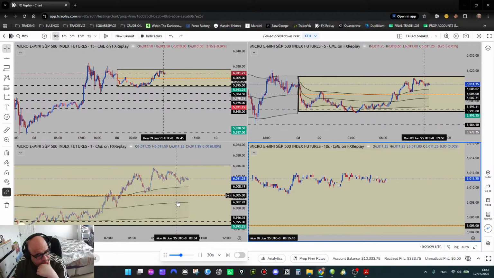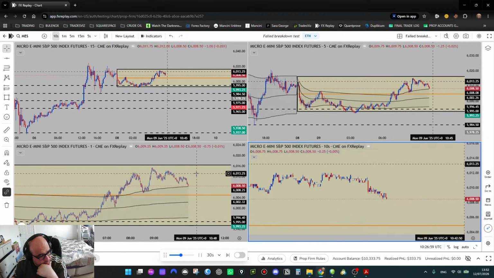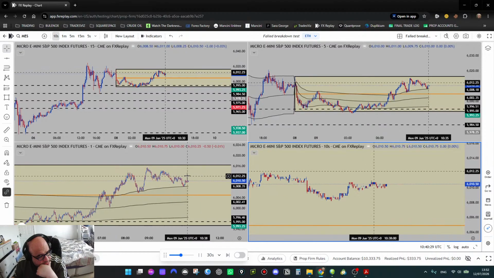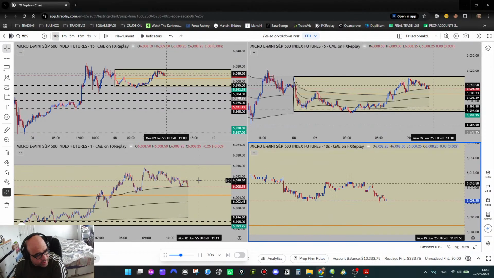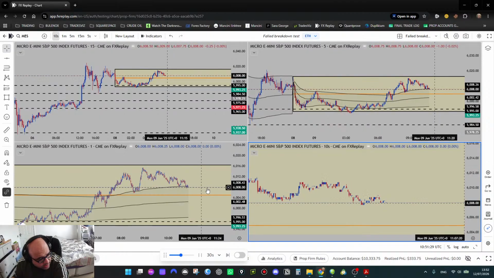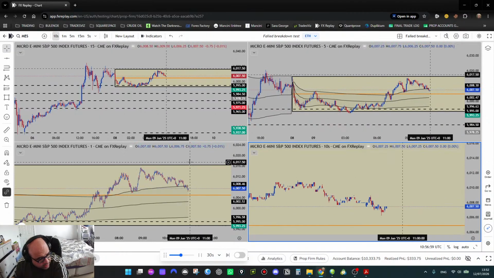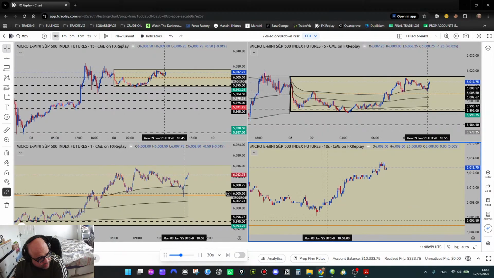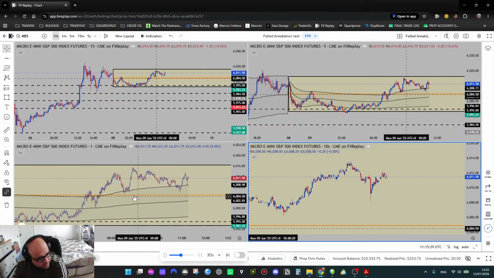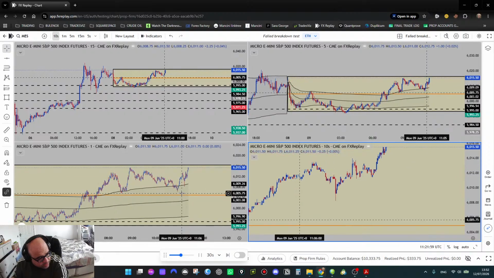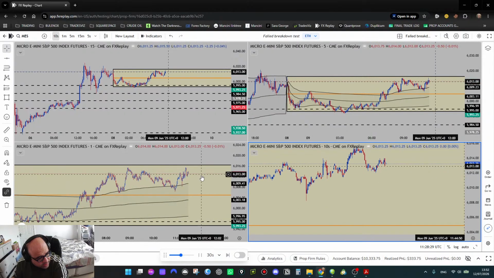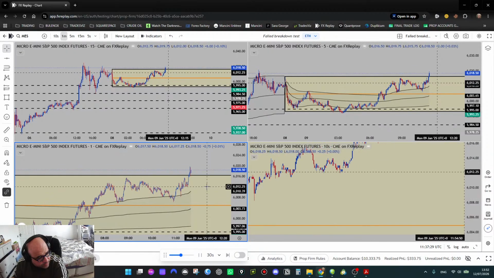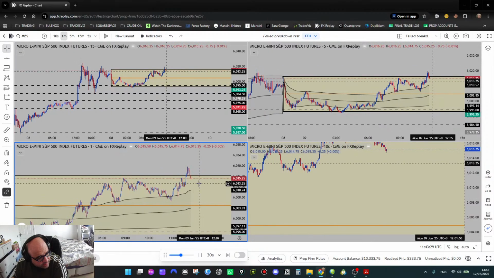Sorry, DVA in general is a really good area to trade because it's static value from yesterday, and usually it respects it very well. So you can take some really nice trades in there. You can see here we back tested once or twice the VWAP. So there's a high chance now we're going to break the highs. There we go. Back tested the highs.